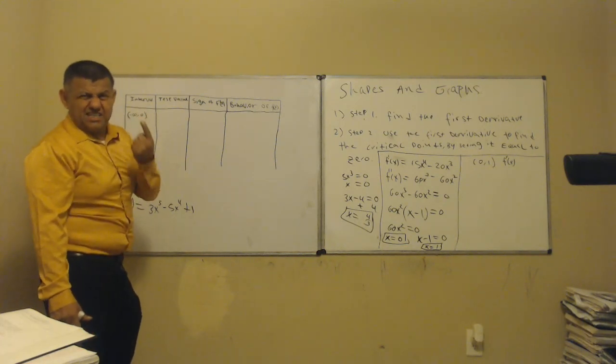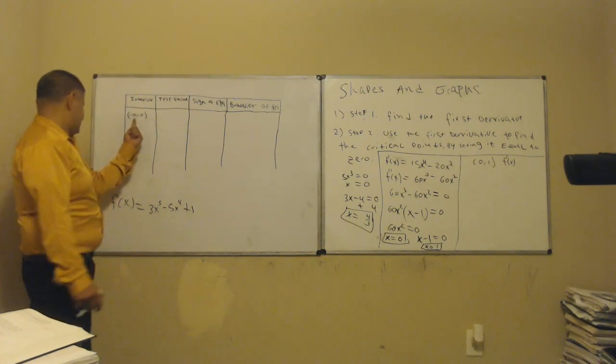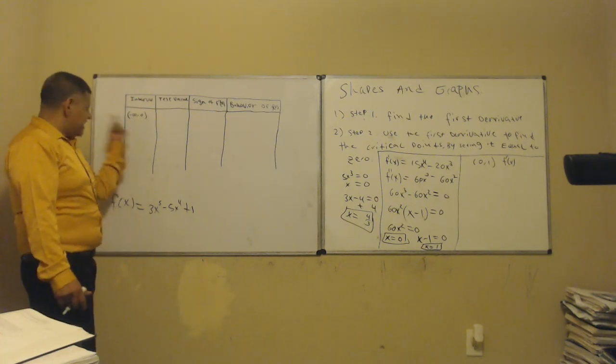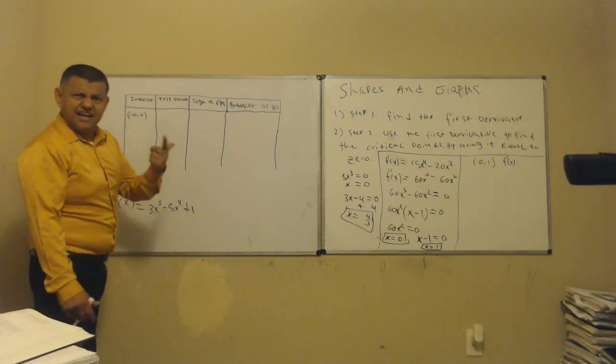I am not really a genius, right? So let's pick 1. 1 is starting from 0. I just pick negative 1. Make it easy, right? Why do I complicate my life? I'm just analyzing the thing.